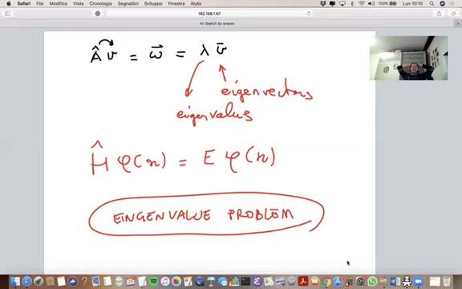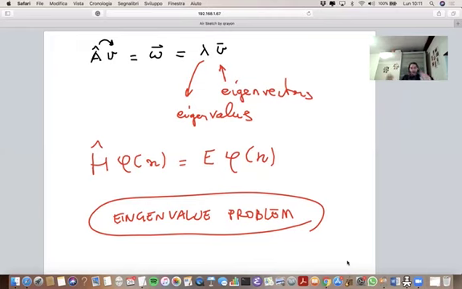I get a constant E times the function itself. Now, in eigenvalue problems, all I have to find is the pairs of functions and eigenvalues, because as you probably remember from linear algebra, for every single solution of the eigenvalue problem, I have the corresponding eigenvalue.